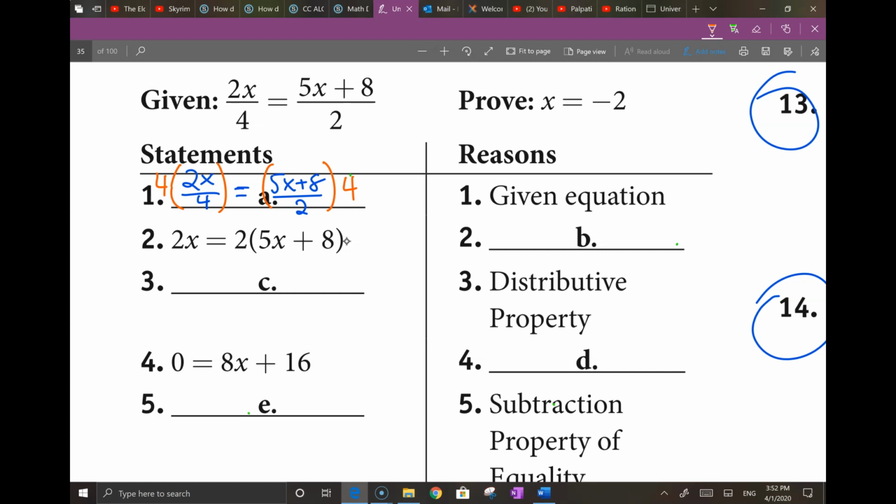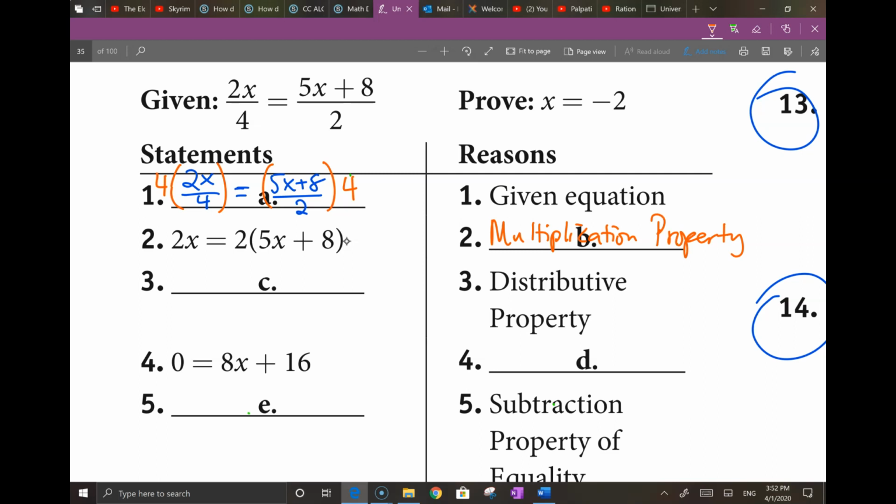And this 4 over here on the left side divided out, and that gave us the 2x. And on the right side, the 4 and the 2 divided out and gave us just a 2 on the outside. And so our fraction is gone. So because we have to multiply both sides by a 4 in order for this to happen, the reason is simply the multiplication property. So that's what I write, multiplication property.